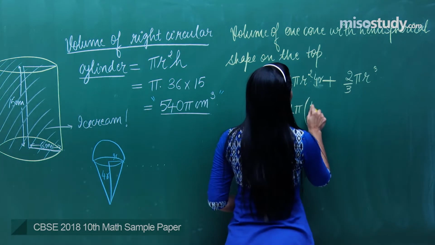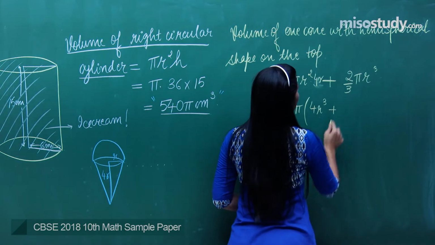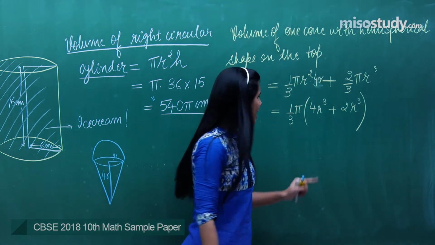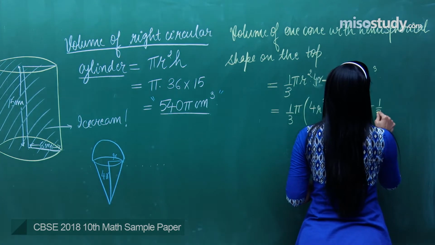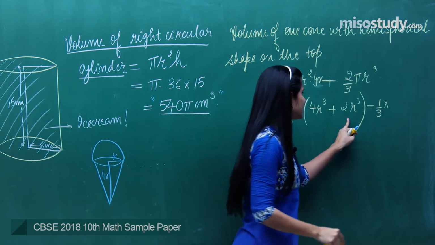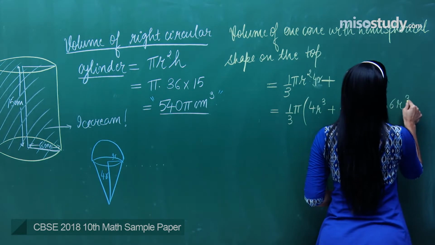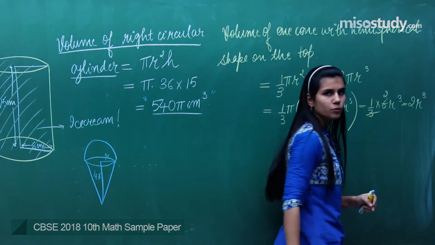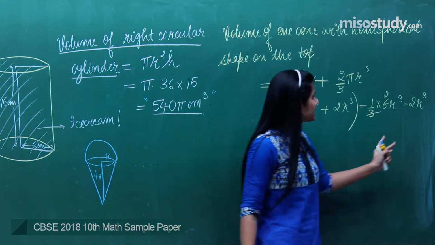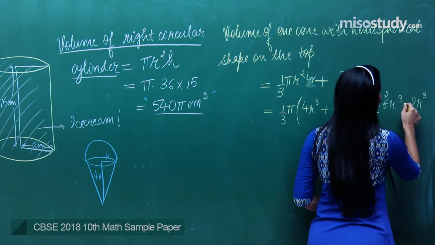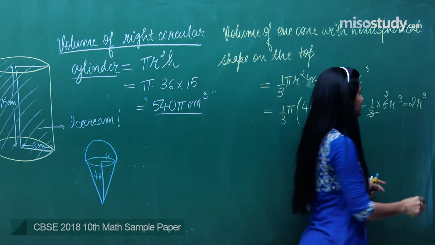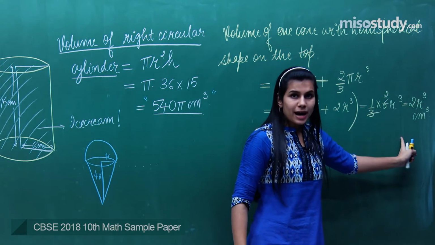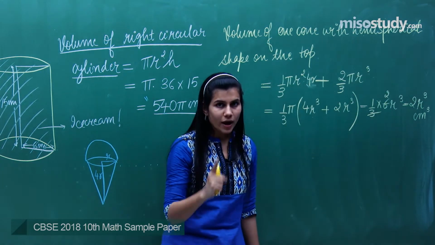You have 4r cube plus 2r cube, and therefore you get 4 plus 2, 6r cube, which gives you 2 pi r cube. This is the amount of ice cream, in centimeters cube, which can be kept in one cone.